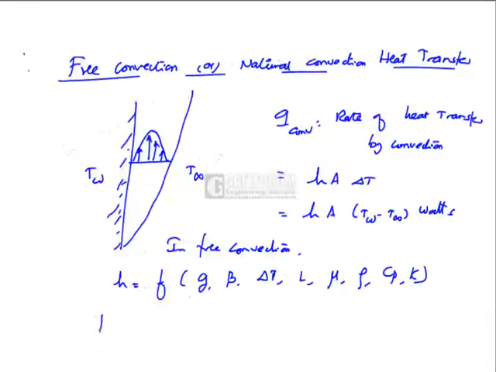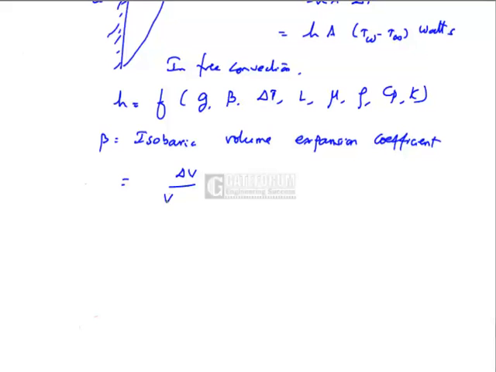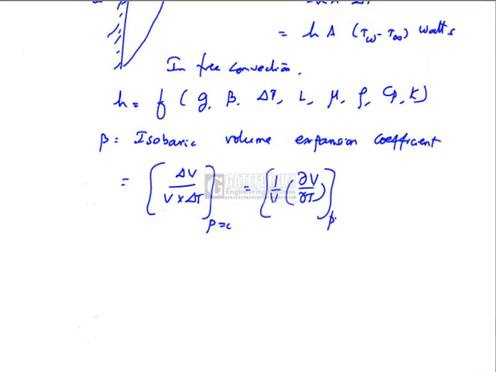Beta is a coefficient of isobaric volume expansion coefficient. This is change in volume by original volume at constant pressure. In the differential way, you can write dou V by dou T into 1 by V at constant pressure.